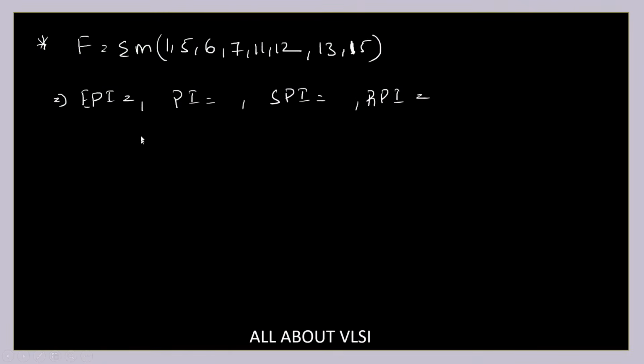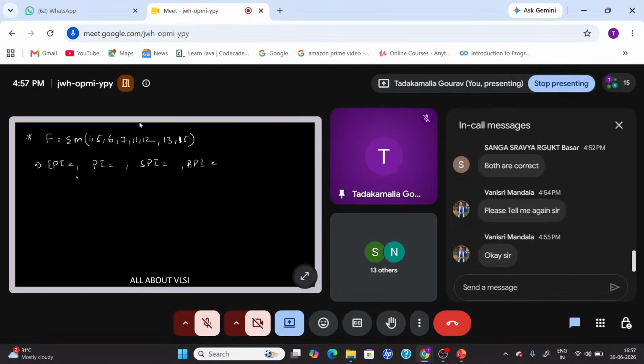Basically, you need to find out the EPIs present, how many prime implicants there are and what they are, how many SPIs and how many RPIs. You need to calculate and tell me. This is the question we are going to solve.